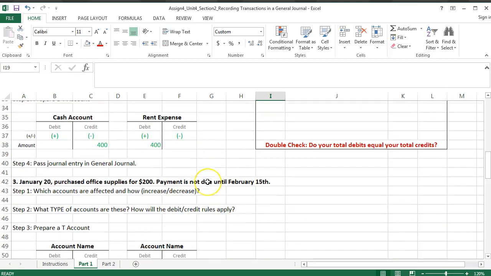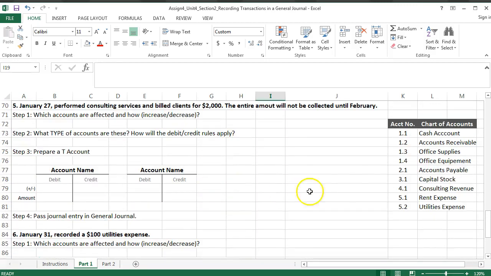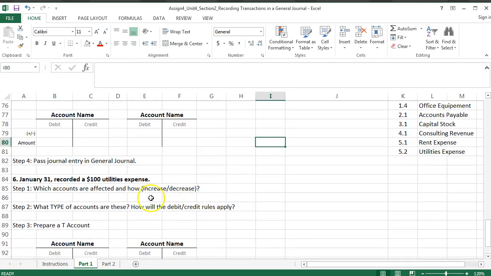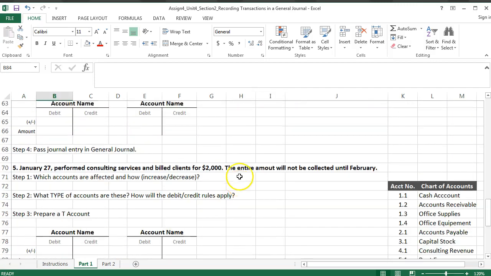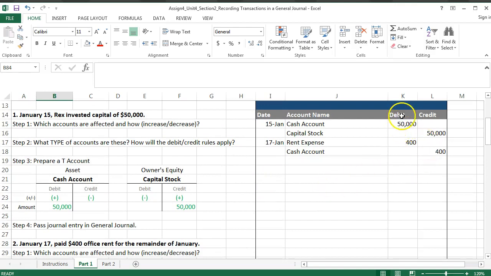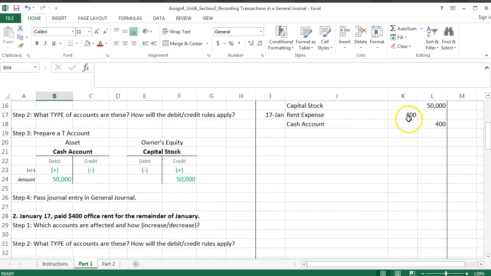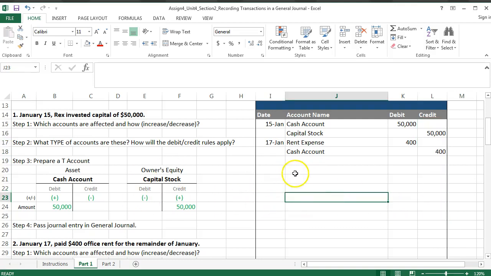Okay, so by the time you're done recording the remainder of these transactions, and I just copied and pasted that chart down here one more time so you don't have to scroll all the way back up, we're doing the whole month of January. One way to double check yourself that you've done everything correctly is to total up your debits and credits. Your total debit column and your total credit column should be equal. That's one way we can double check on our transactions to make sure we did them all correctly.